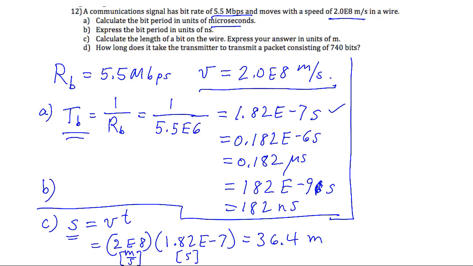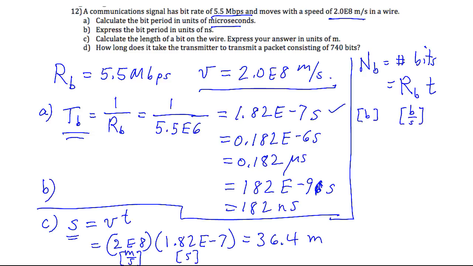So the number of bits is equal to the bit rate times the time. The units are bits, and over here bits per second for the bit rate and seconds. You can see that the units do work out, and it's almost just like distance equals velocity times time.